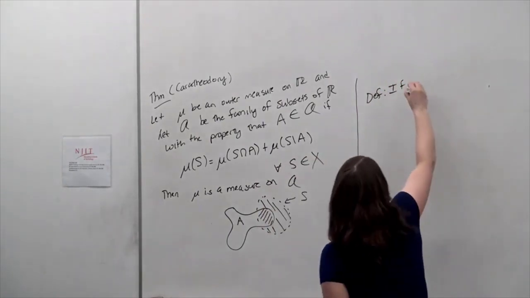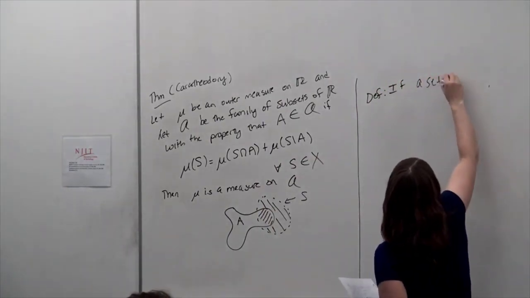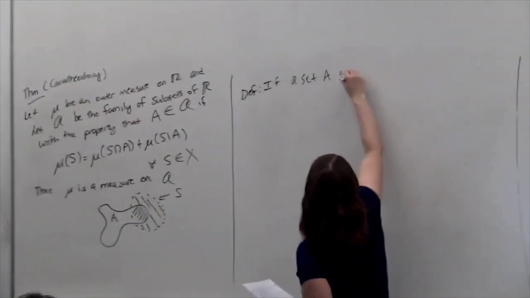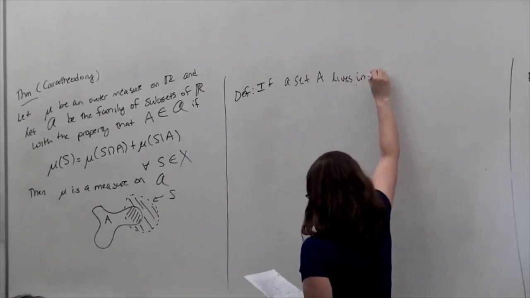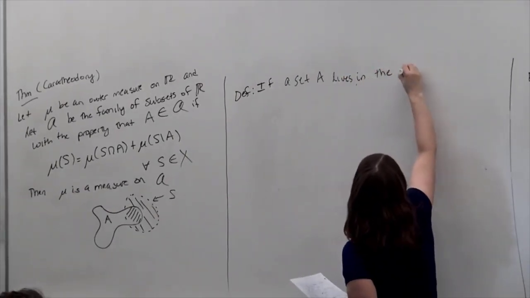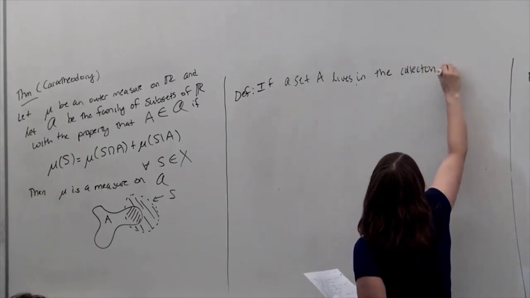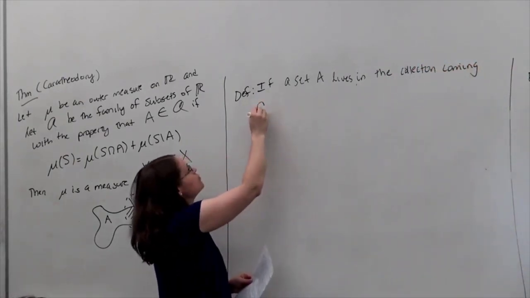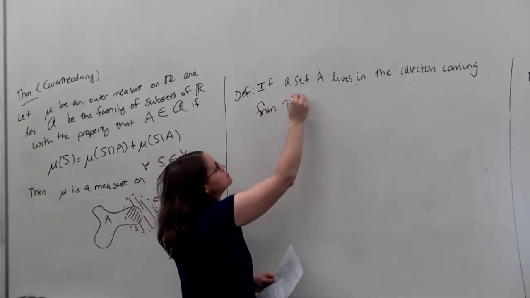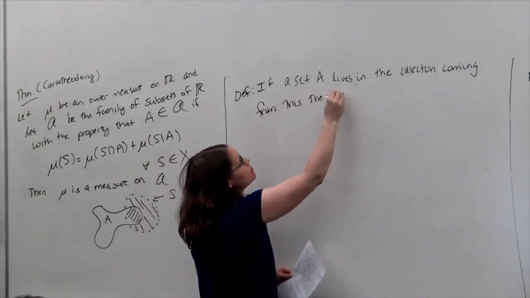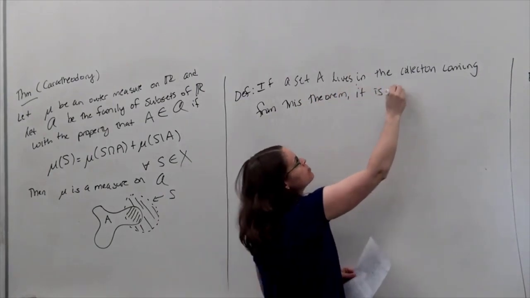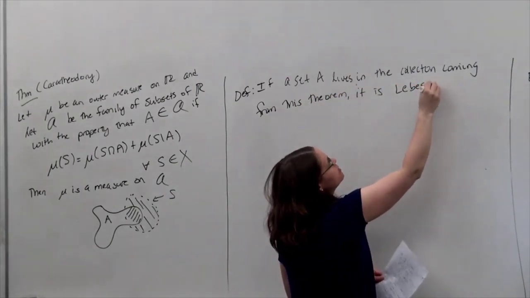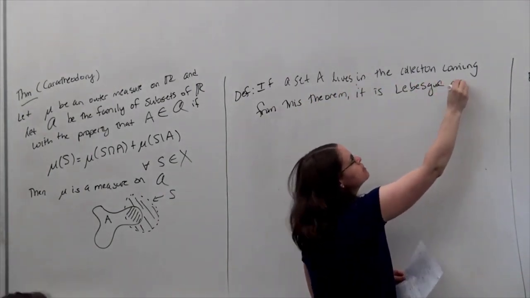So if a set A lives in the collection coming from this theorem, it is said to be Lebesgue measurable.